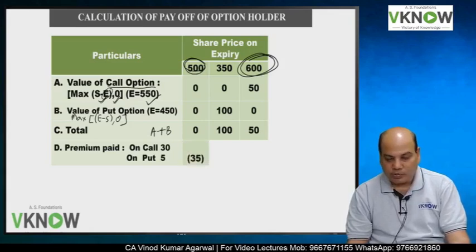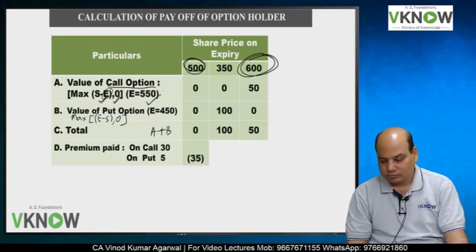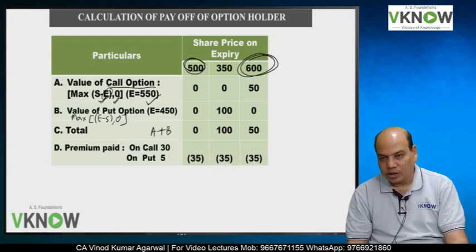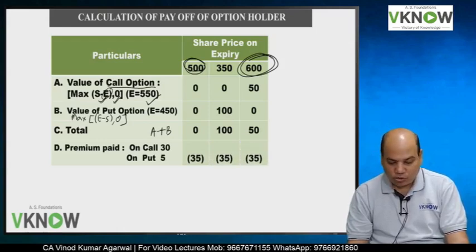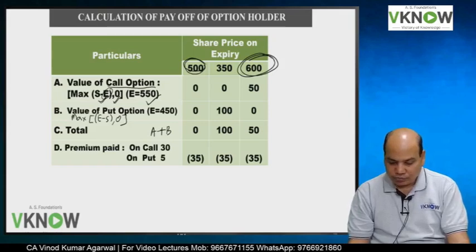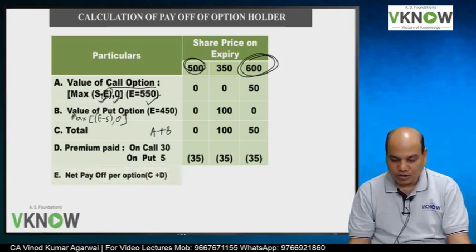So the total premium paid to create this strategy is 35. That you have to pay at the beginning. So that is the cost you have to incur to create this strategy.